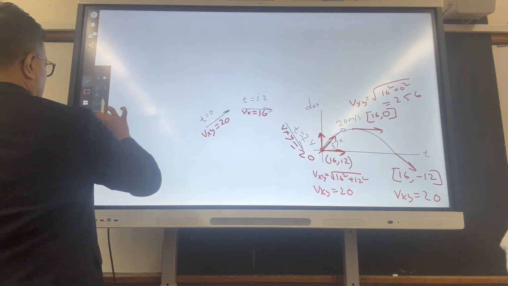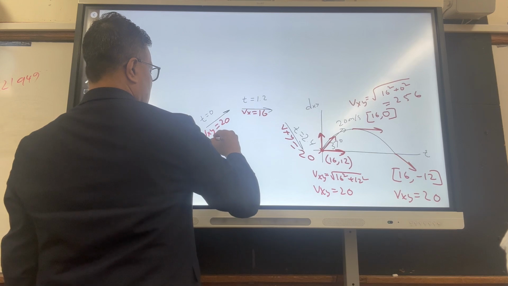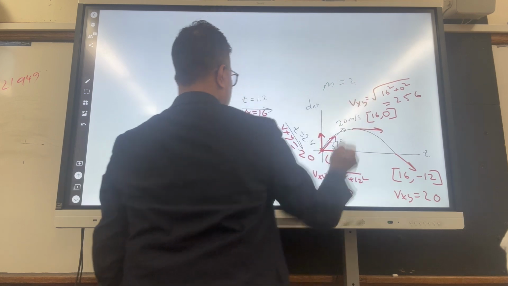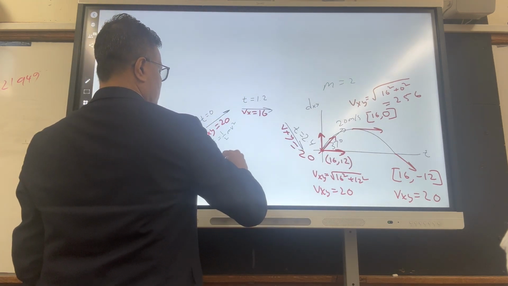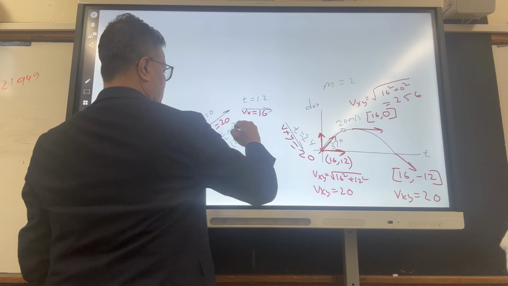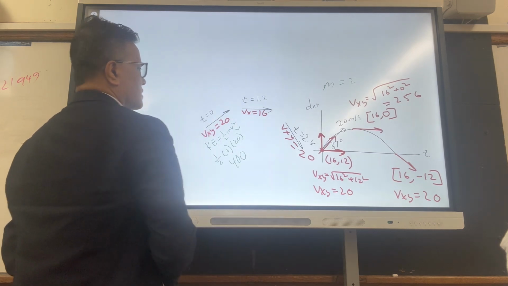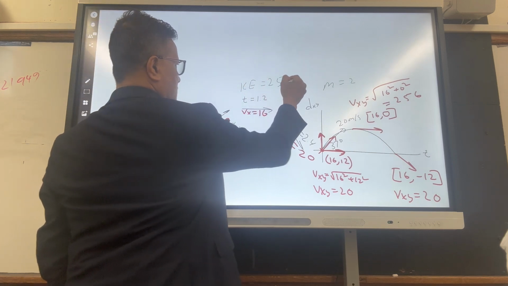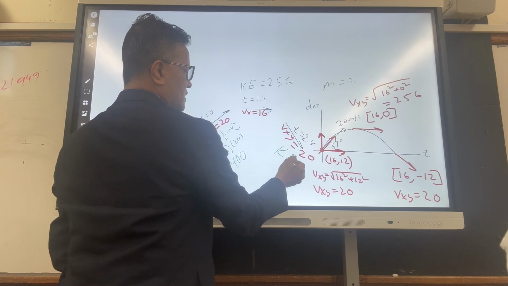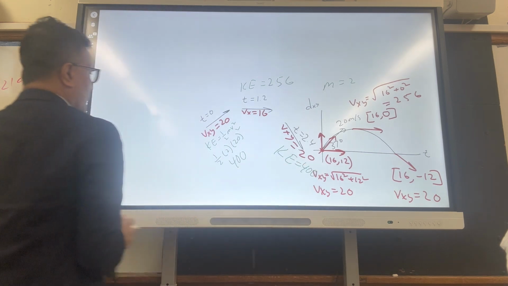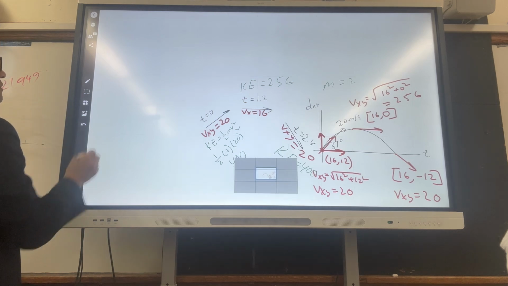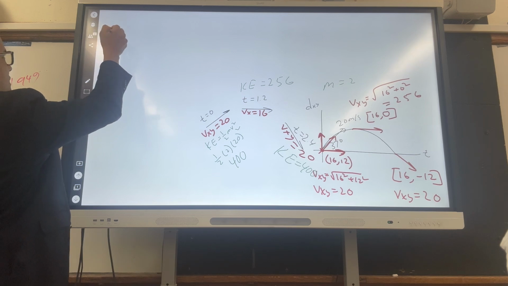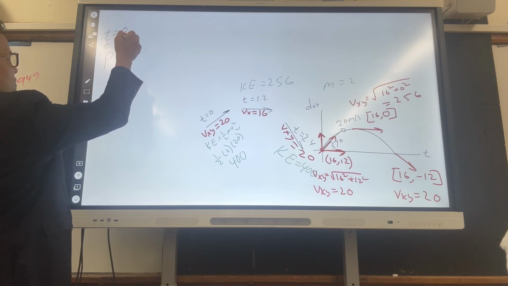So what is the kinetic energy over here? Kinetic energy is half mv squared. The mass is 2, the same mass, so half of 2 times 20 squared is 400. Kinetic energy over here is 256, and over here it is 400. So what do we want to find? Power between time 0 and time 1.2.